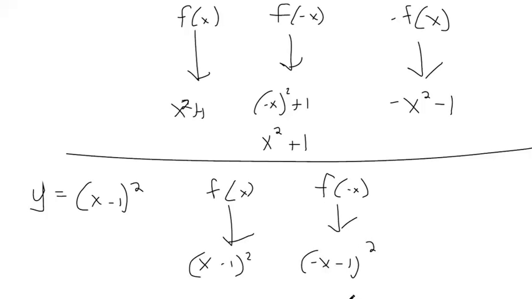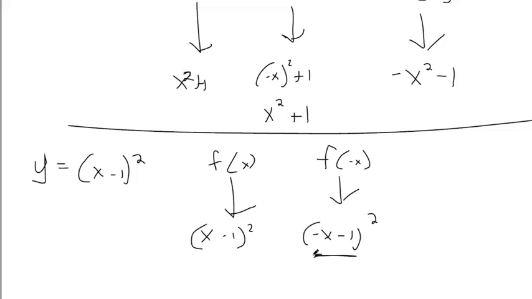So in order to figure that out, I could expand by multiplying this parentheses times itself. If you do negative x minus 1 times negative x minus 1, you're going to get x squared plus 2x plus 1.